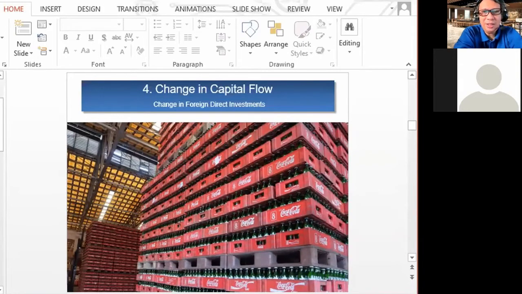So change in foreign direct investments, for example: foreign direct investment is under what account in the BOP? Class. Foreign direct investment under what account in the balance of payments?